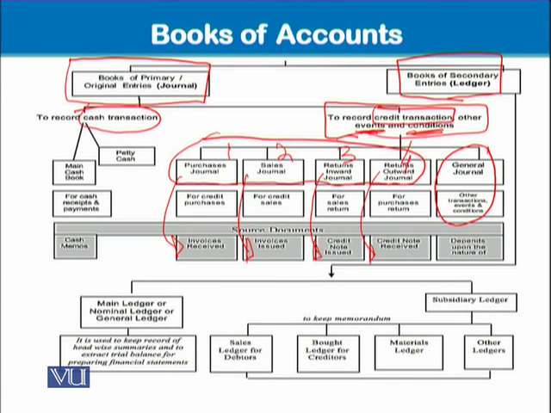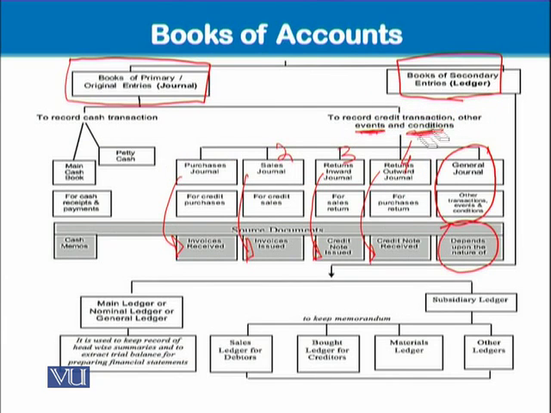The source document for events and conditions will depend upon the nature of the events and conditions. So all these are in fact journals. We have discussed journal, and now we will be discussing the ledger.